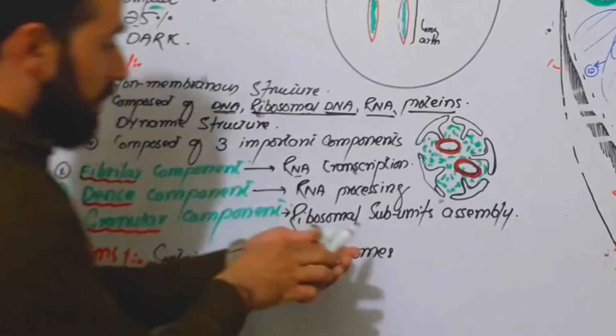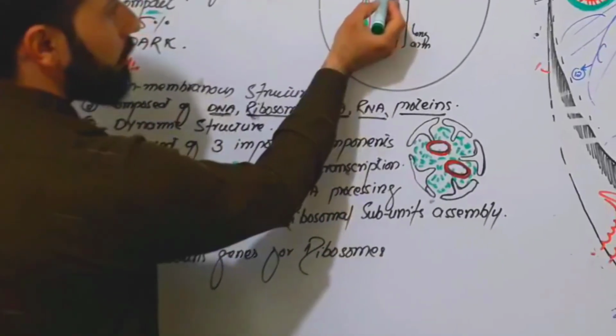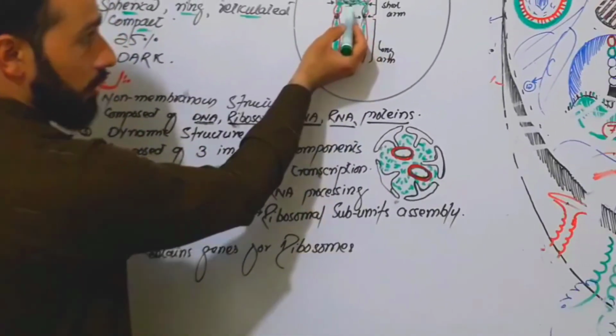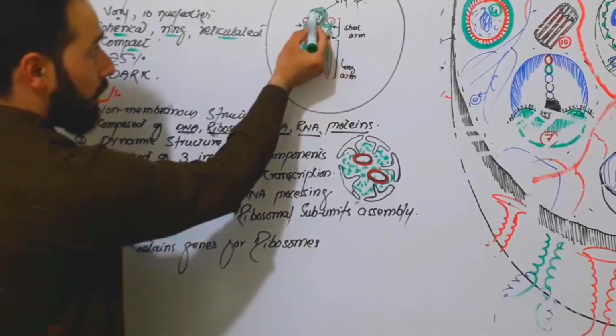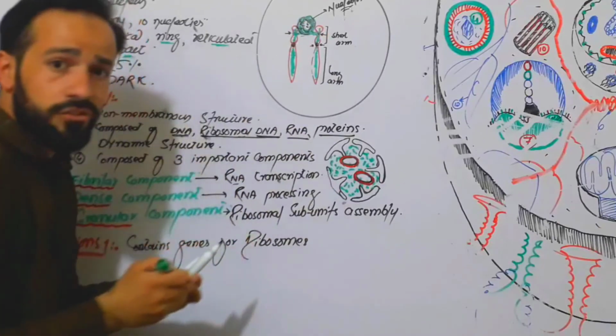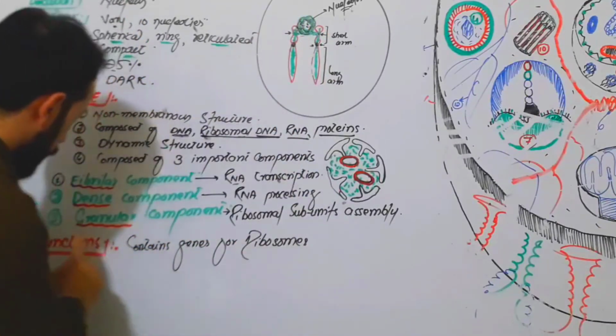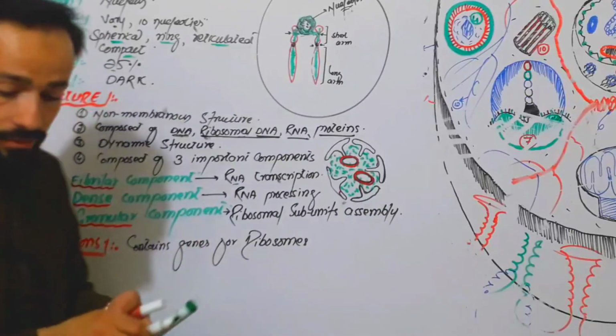How? As we know that it makes the ribosome. So the DNA which comes out of these two chromosomes is present here, and you know that DNA contains genes. So those genes will be responsible to make ribosomes, right? So it contains genes for ribosome.